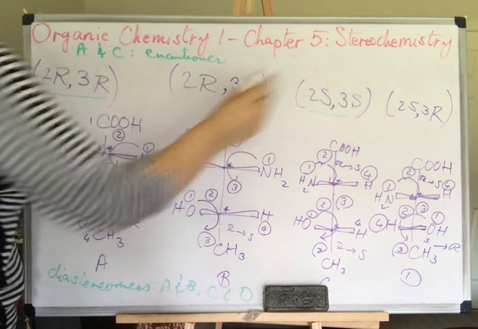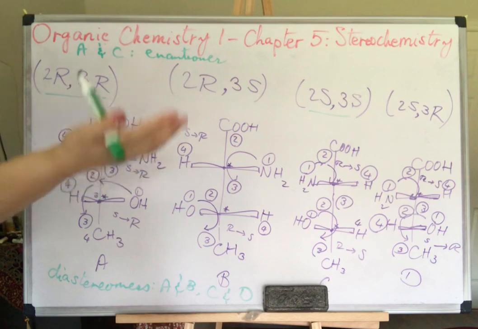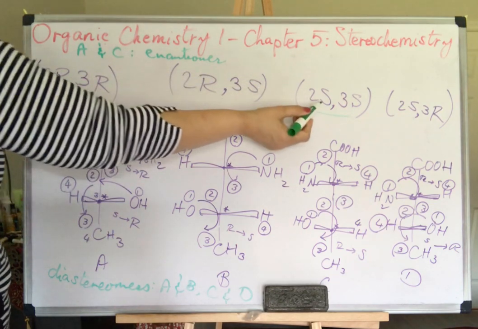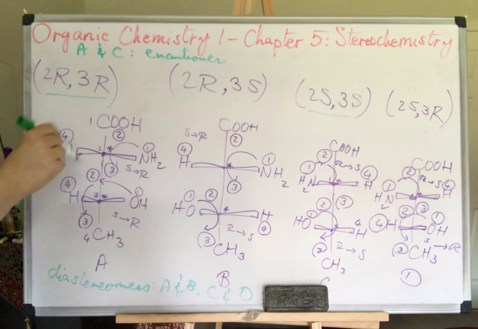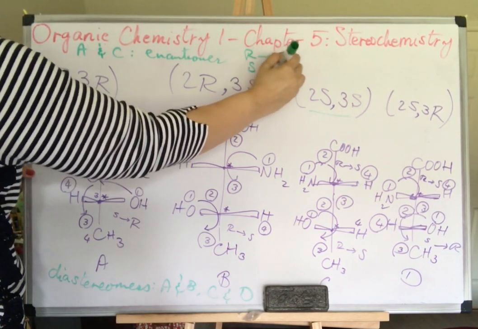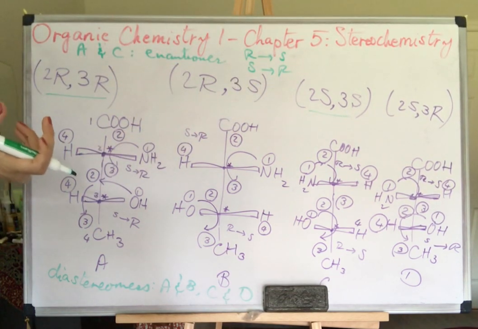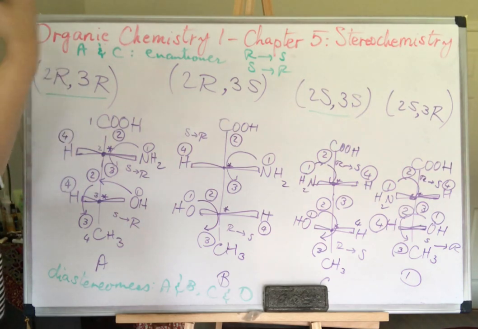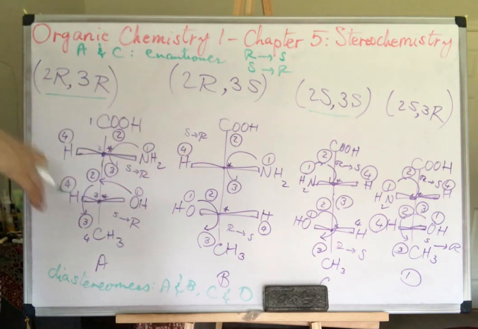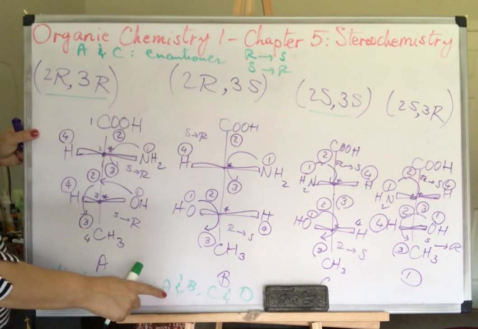RR changes to SS. So if you have enantiomers, means they're mirror images, right? And in the mirror, everything is flipped. So R is flipping to S. So for enantiomers, R changed to S, S changed to R. That's how you determine which one is enantiomer. So if you were given some compounds, all the R's change to S, all the S's change to R, so they're enantiomers. How about diastereomers, A and B?